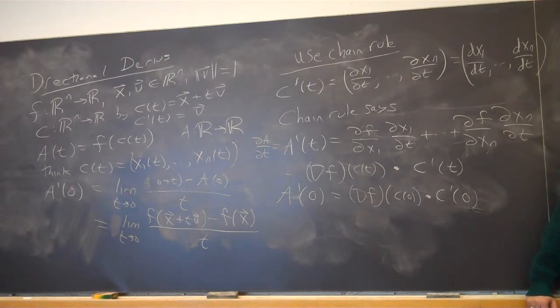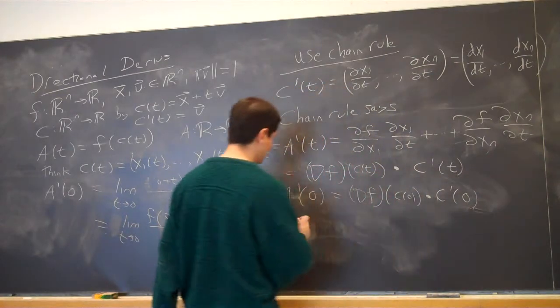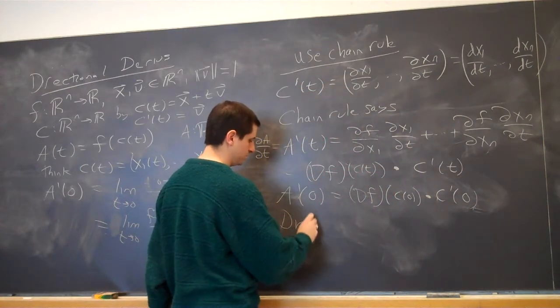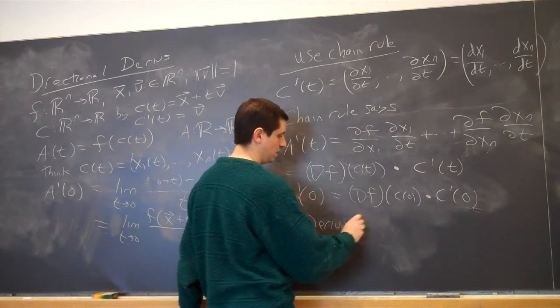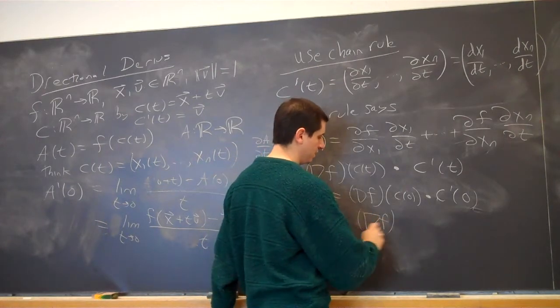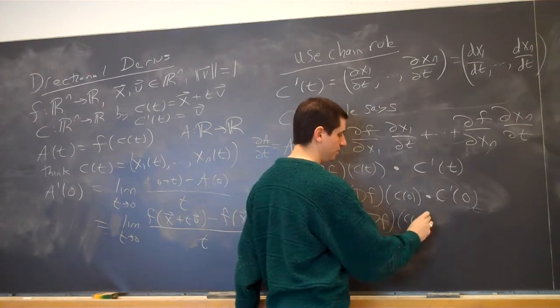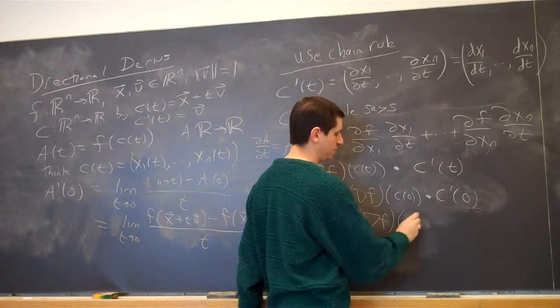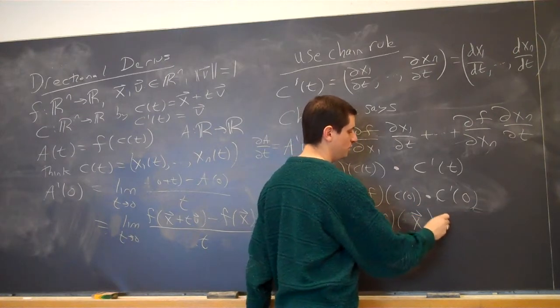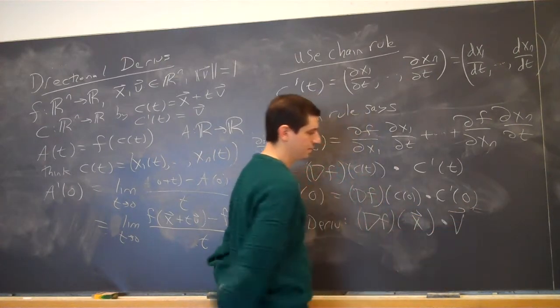Well, that's in some sense the definition of a line. I'm moving in a fixed direction. So when I plug this in, I get my directional derivative. I get the gradient of f at my point c of 0, and my point c of 0 would just be my point x, dotted with v.